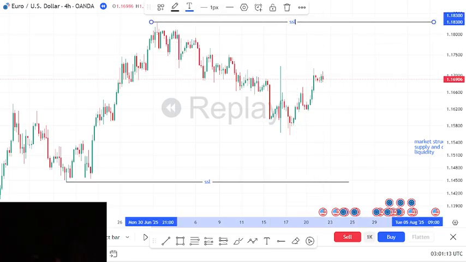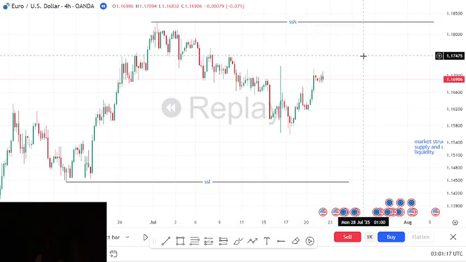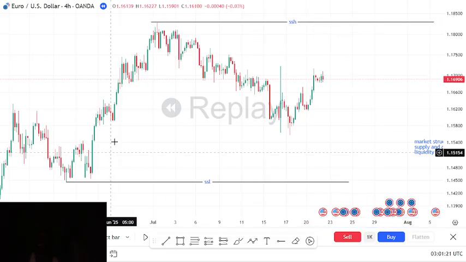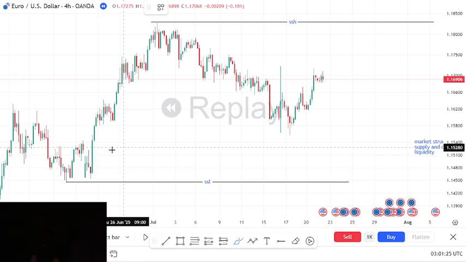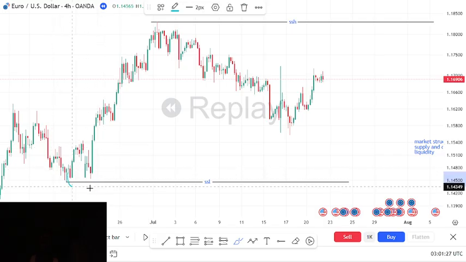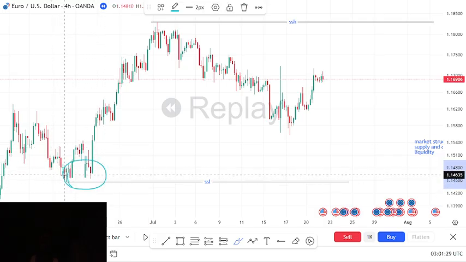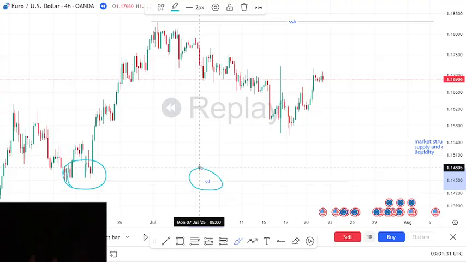So here I use SSH to be a strong swing high. So here's a strong swing low, here's a strong swing high. Why is here a strong swing low?